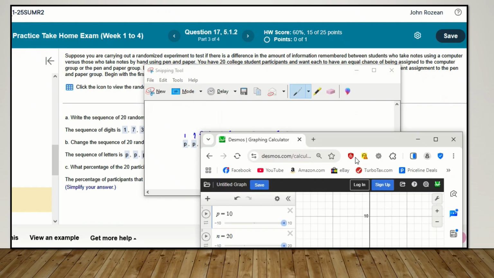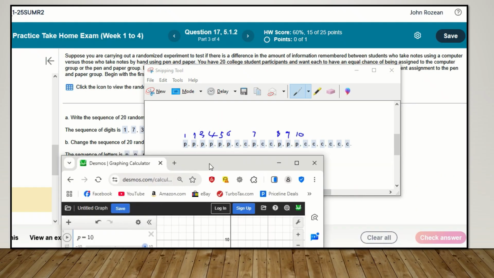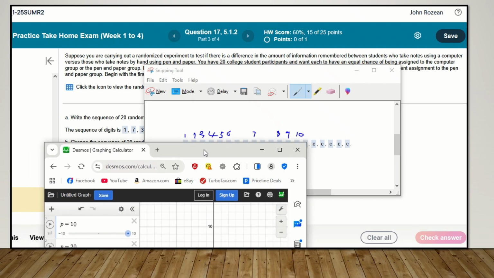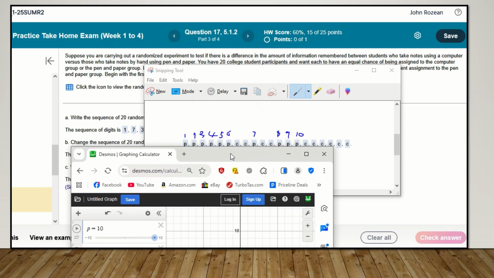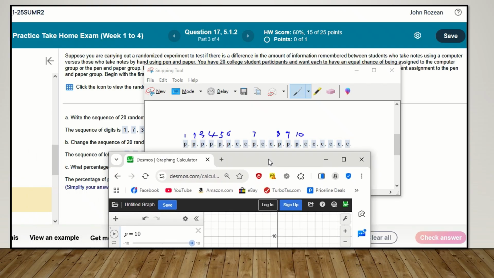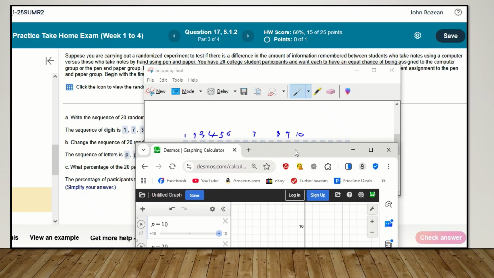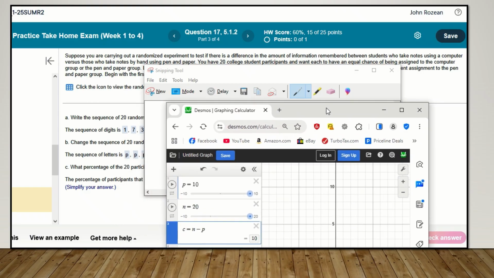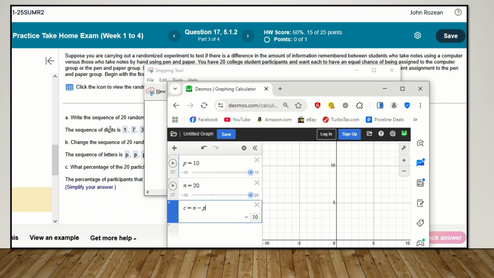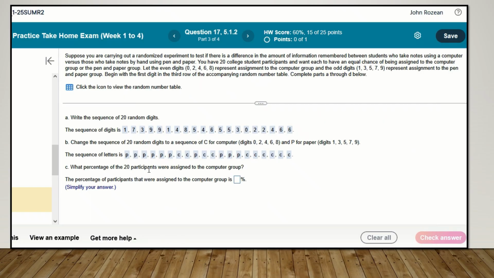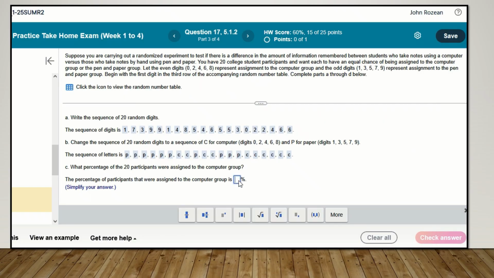If I didn't do anything incorrect by counting, I'm just going to count again. 1, 2, 3, 4, 5, 6, 7, 8, 9, 10, and there's no more P's. So that should be our breakdown here. 10 to 10. So what percentage were in the computer group?